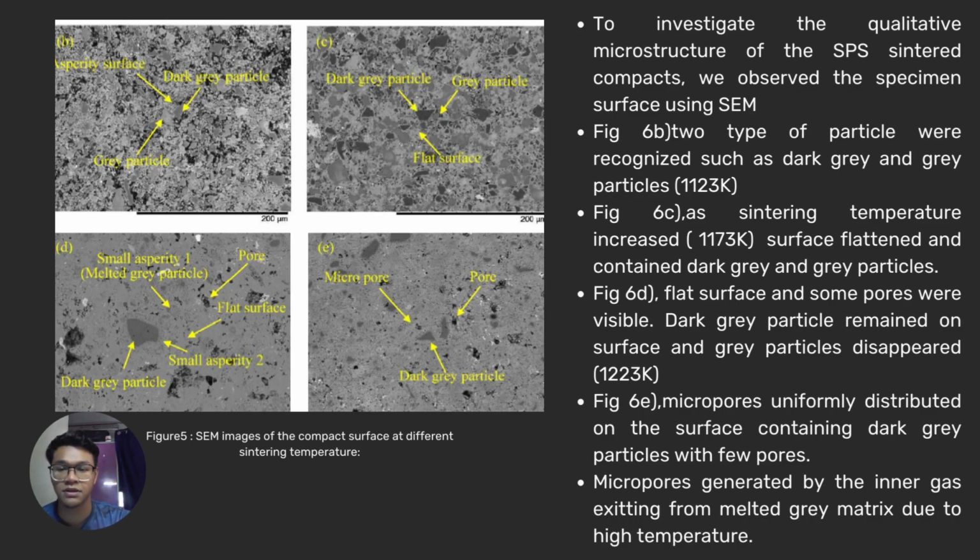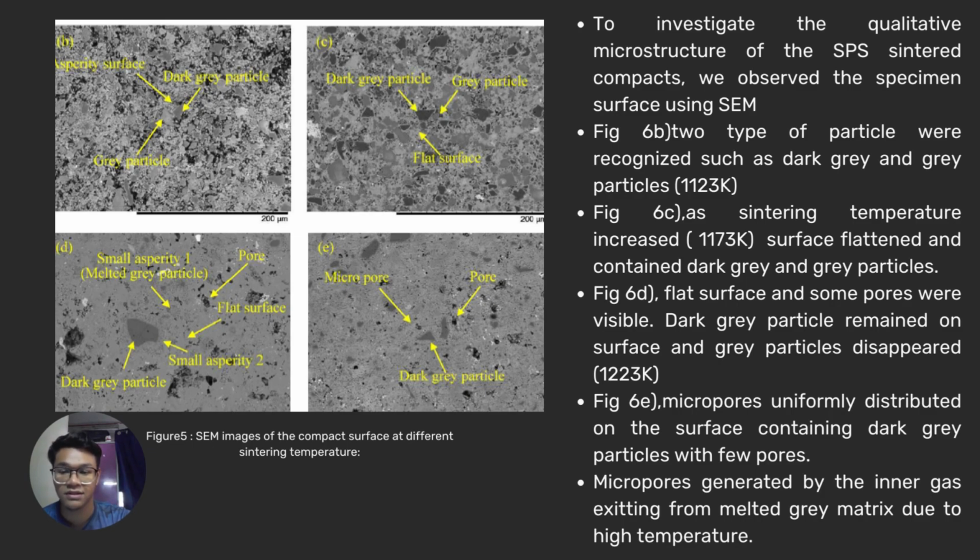The 6b, the top one, is at temperature 1123 Kelvin, and for figure C, which is at the top right, as sintering temperature increased to 1173 Kelvin, the surface flattened and contained dark gray and gray particle.